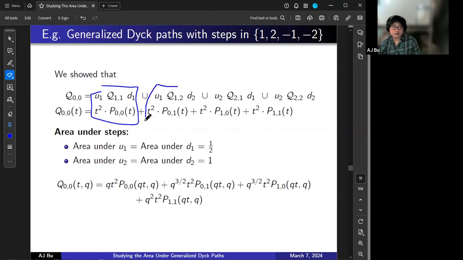And then for this part, our U1 and D2 is still 2 steps, but now it has a total area of 3/2. So we're going to have Q to the 3/2 times T squared. And then again, we're going to have to take P01 of QT because we did that shift in the height, Q. And then we're going to do the same thing for these cases. And that's how we get this equation and adjust for the change in heights.